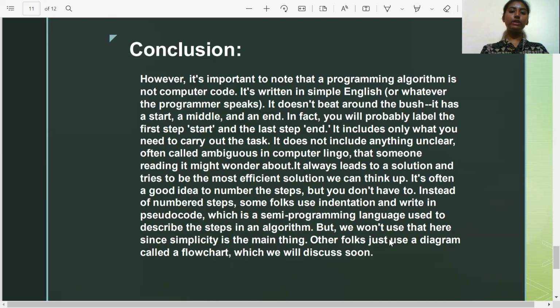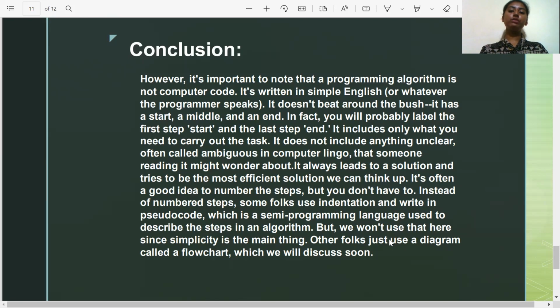It's often a good idea to number the steps, but you don't have to. Instead of numbering steps, some people use indentation and write pseudocode, which is a similar programming language used to describe the steps in an algorithm, but we won't use that here since simplicity is the main thing.